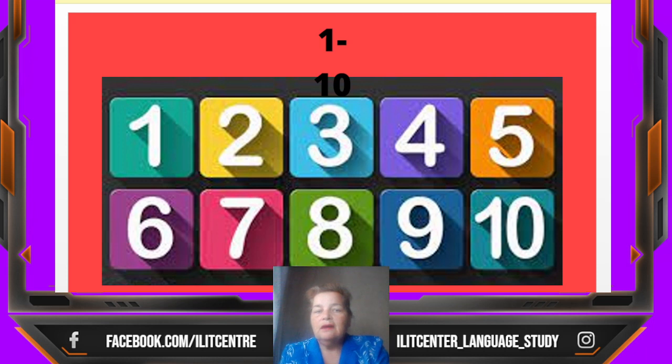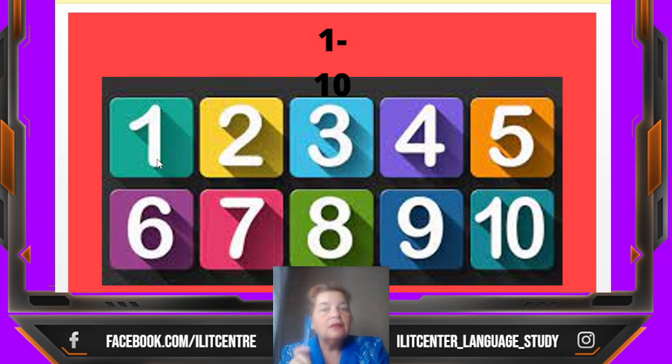Let's recollect the numbers from 1 to 10 and from 10 to 1, vice versa. 1, 2, 3, 4, 5, 6, 7, 8, 9, 10, and vice versa back. 10, 9, 8, 7, 6, 5, 4, 3, 2, 1. Great! Now you know how to count at a shop, or how many friends you have, or how many hours you should spend doing your homework or playing computer, etc.